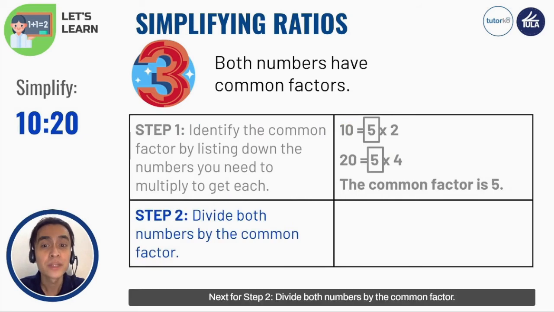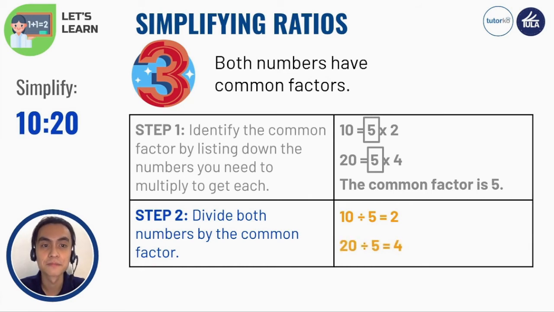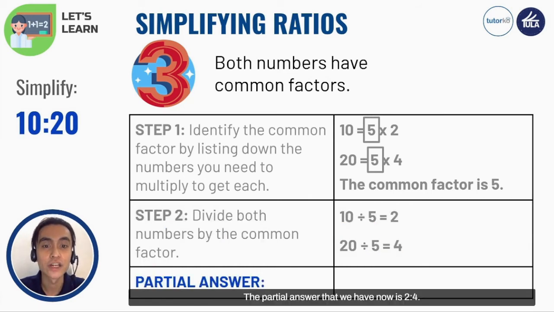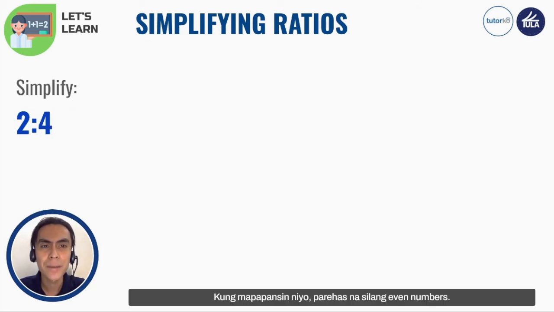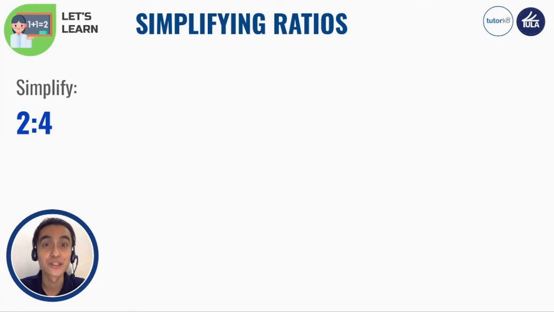Next, for step 2, divide both numbers by the common factor. So, 10 divided by 5 is equal to 2, and 20 divided by 5 is equal to 4. The partial answer that we have now is 2:4. Again, partial answer ito kasi pwede pa itong isimplify. Kung mapapansin nyo, parehas na silang even numbers.